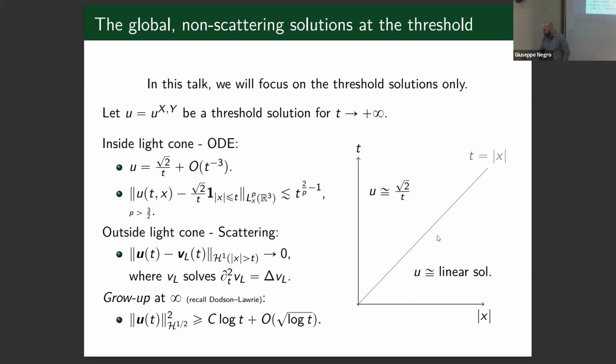Roughly speaking, for t going to plus infinity, so for big t in the future, these threshold solutions look like this old friend of ours inside the light cone, and a linear solution outside the light cone. This is a bit misleading because this happens also for big time, so it should be drawn here, but there's no space. Here we don't really know what's going on, but for big t we see that solution inside the light cone and the linear solution outside.